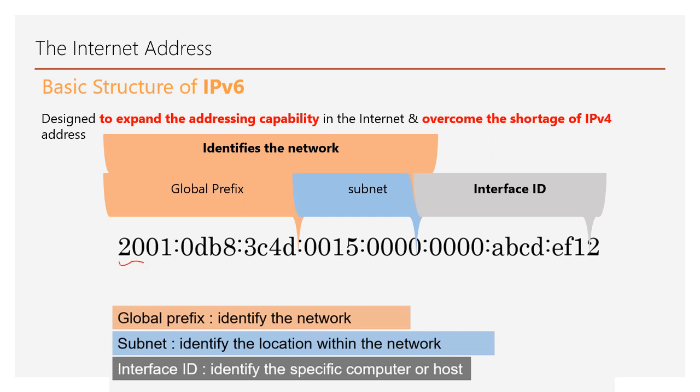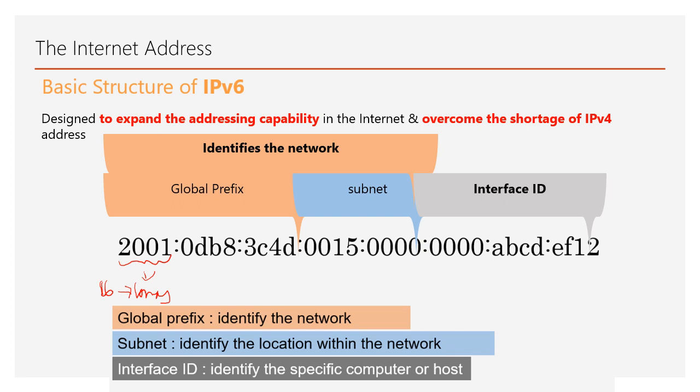Each group of hexadecimal number is a combination of 16-bit binary number.